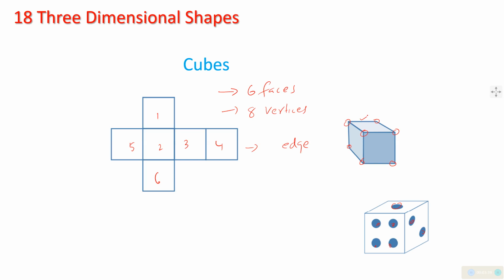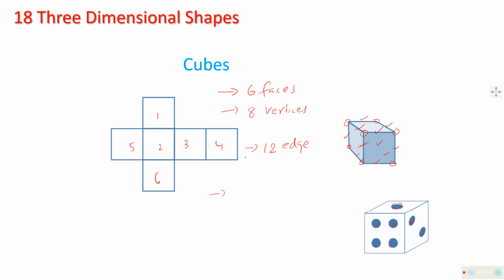So if you count that, 1, 2, 3, 4, the same way bottom 5, 6, 7, 8, of these two are invisible. Then there are vertical edges 1, 2, 3 and 4. So there are 12.